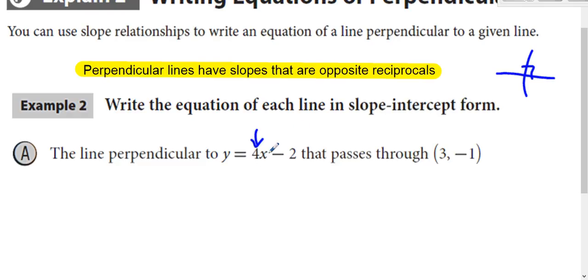And then to get the perpendicular slope, you're going to flip it to get the reciprocal. So instead of 4 over 1, it's 1 over 4. And then opposite means you change the sign. So since this was a positive slope, the perpendicular is going to have a negative slope. So positive changes to negative, 4 over 1 changes to 1 over 4.